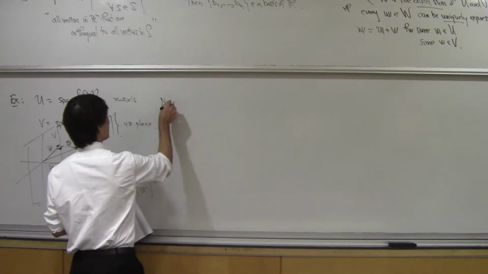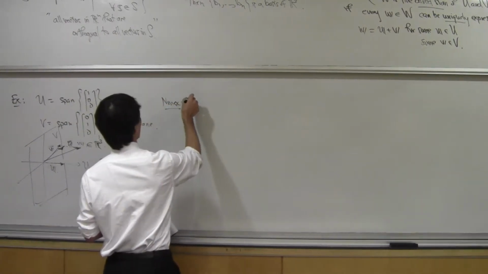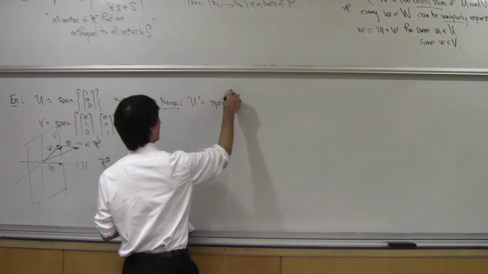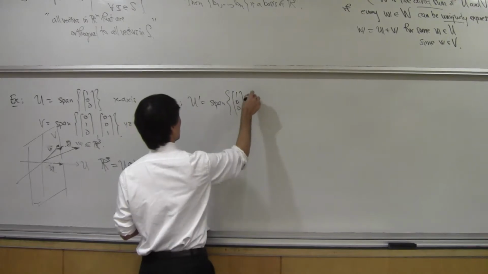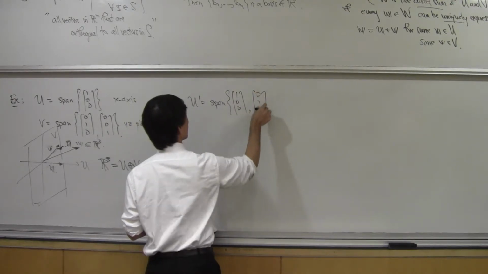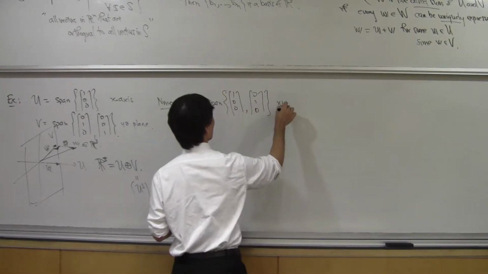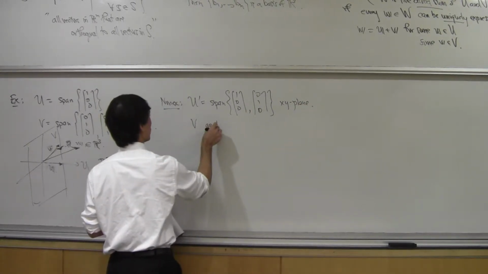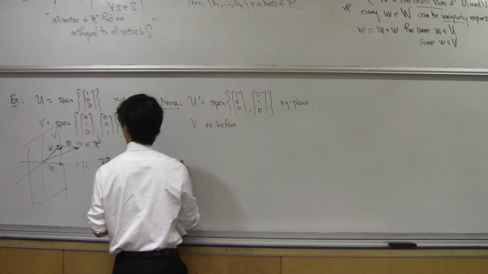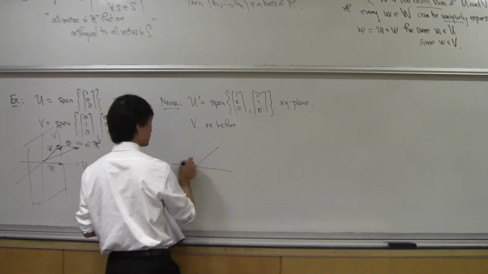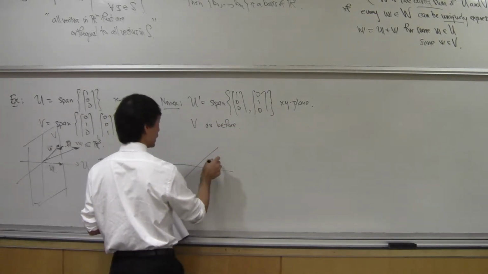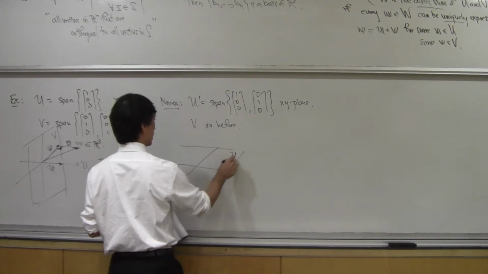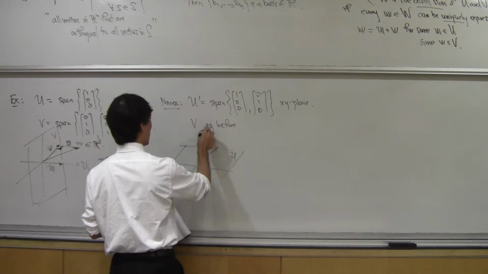Now I'm going to give a non-example. Let U prime be the span of (1,0,0) and (0,1,0). So this is the xy plane, and V as before. So here's my U, and my U goes this way, and my V goes this way.